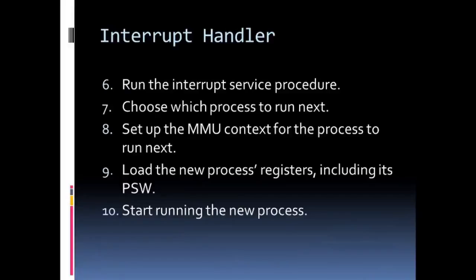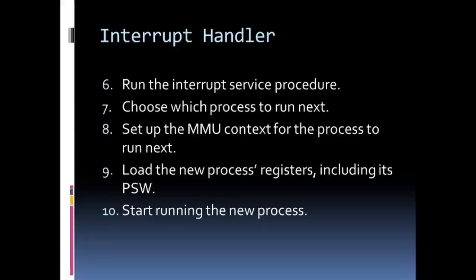Then it runs the interrupt service procedure, which is nothing but the IO procedure. After the completion of that, it chooses the next process to be run from the corresponding queue. Then it sets up the memory management unit and its context for the next process, loads the new process registers including its program status word, and starts running the new process.